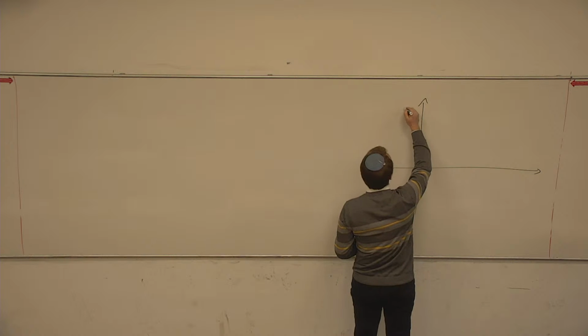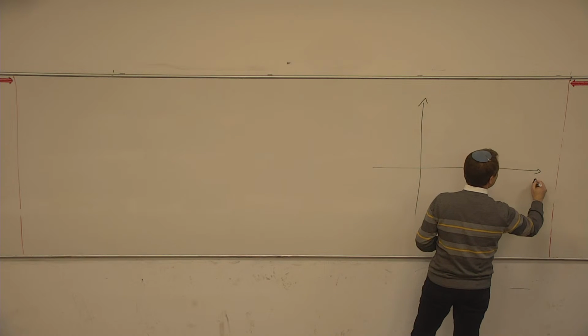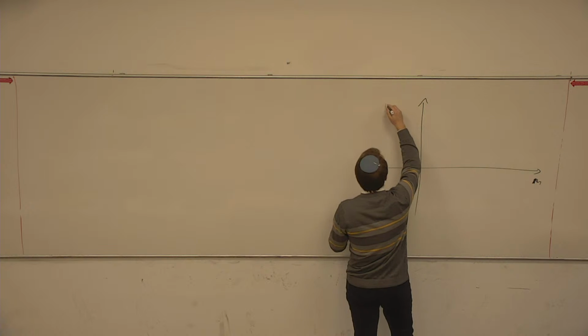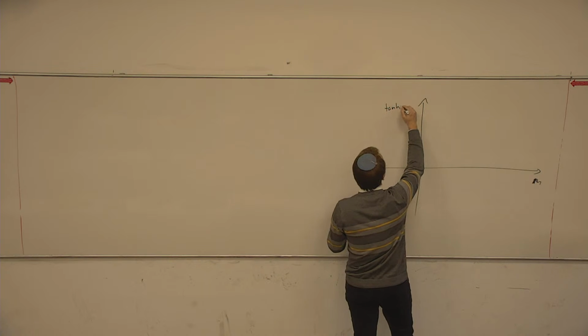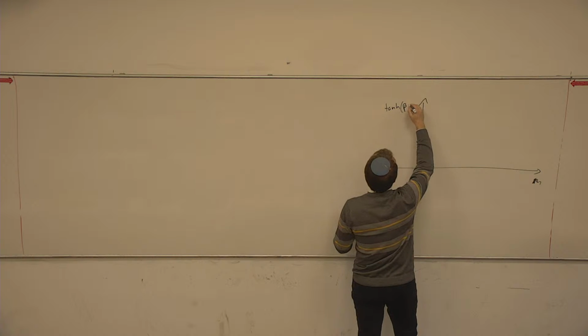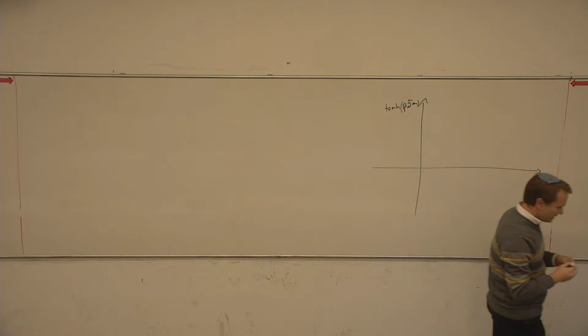So if we plot here, this is our M, and this is hyperbolic tangent of beta J tilde and M, right? This is what we have right here.